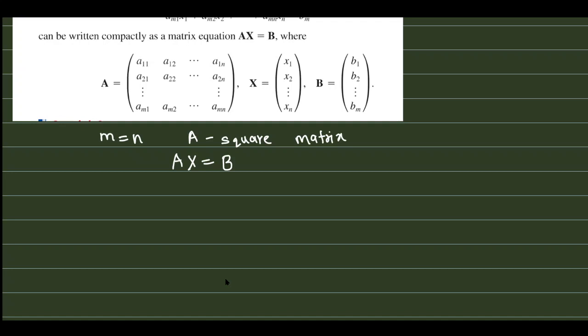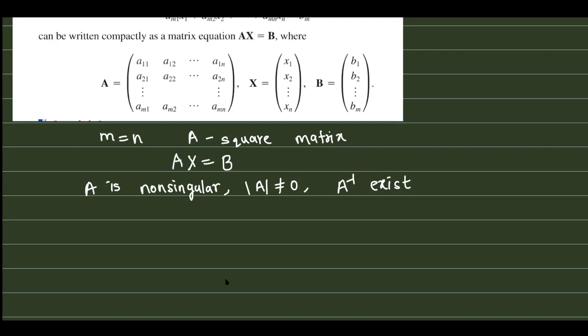Now further, suppose that A is non-singular. That is, determinant of A is not equal to 0, which implies A inverse exists.